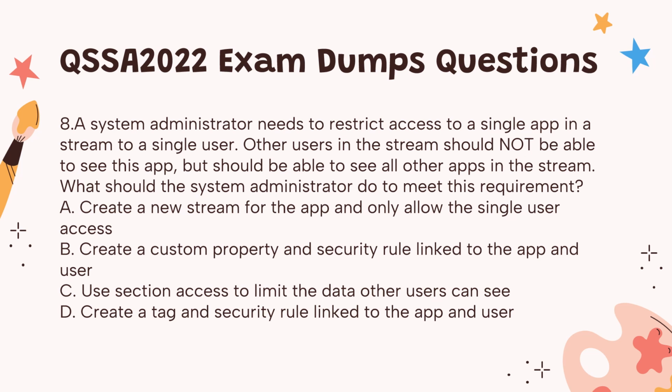A. Create a new stream for the app, and only allow the single user access. B. Create a custom property and security rule linked to the app and user. C. Use section access to limit the data other users can see. D. Create a tag and security rule linked to the app and user.